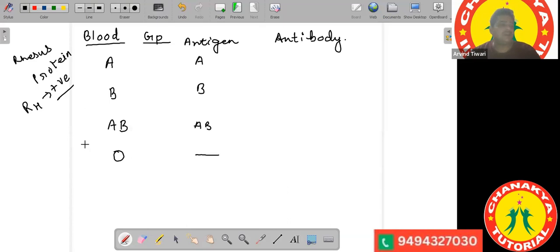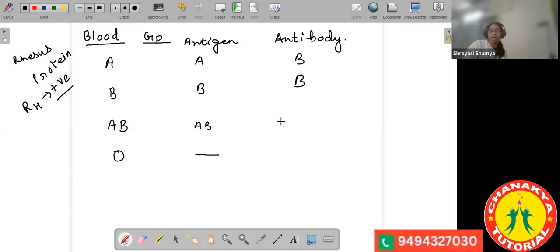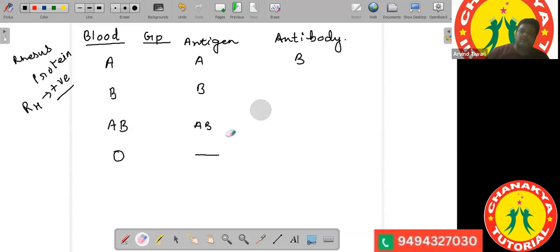Blood group A carries the antibody B. Blood group B contains the antibody A. AB does not contain any antibodies. O contains both antibody A and antibody B.